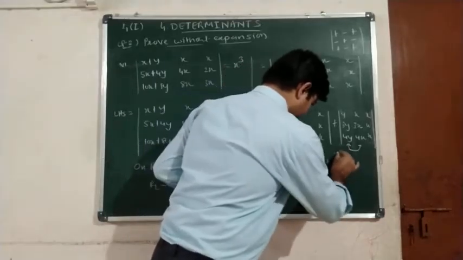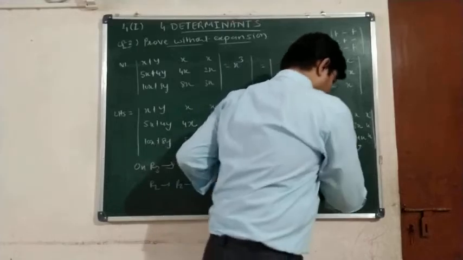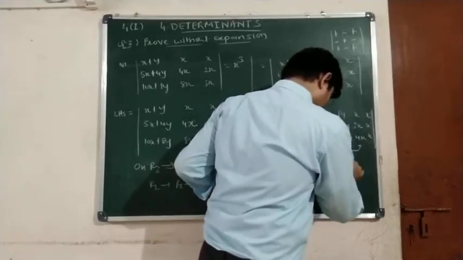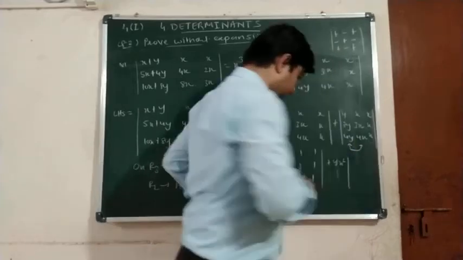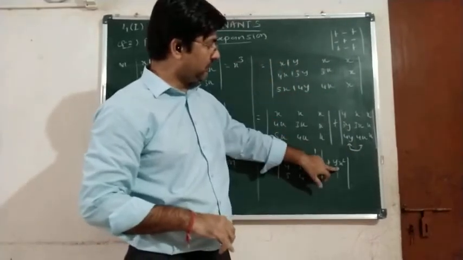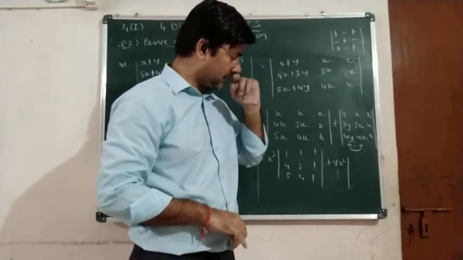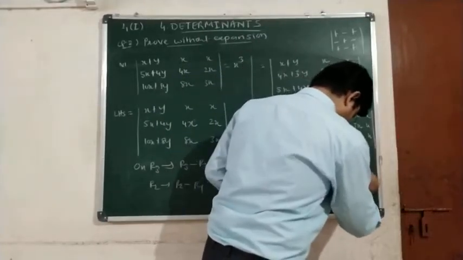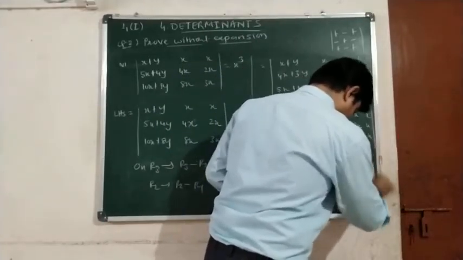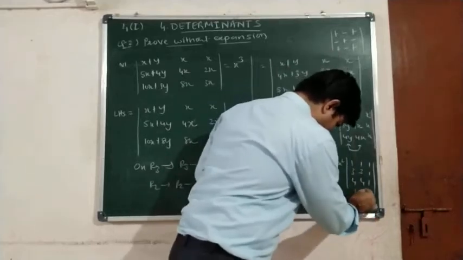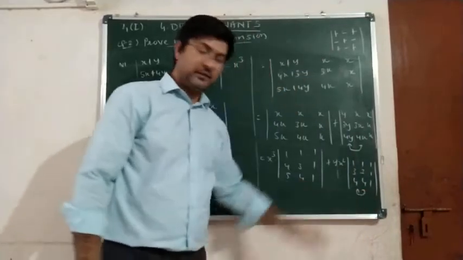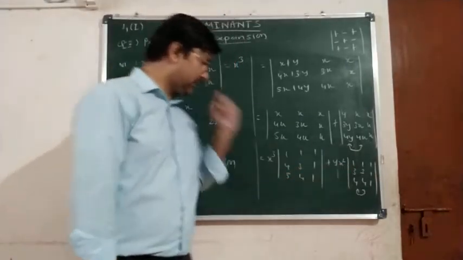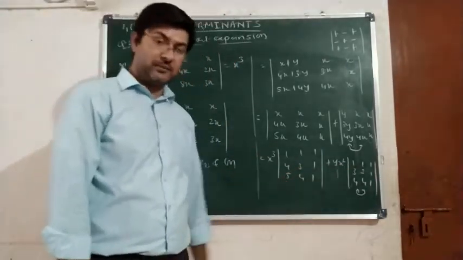Here we take common y into x square: from the first column y, and from the second and third columns x. So x into x, x square, with 1, 3, 4, 1, 3, 4, and 1, 1, 1. Now you notice that the first and second columns in the second determinant are identical, and therefore this value will be 0. So we are left with the first determinant only.